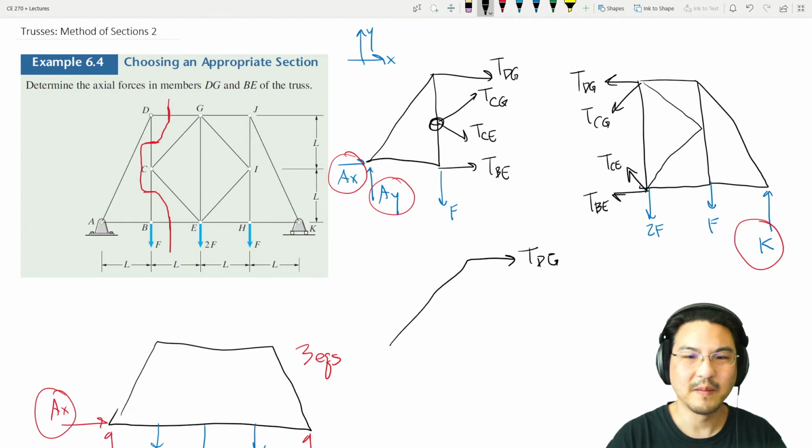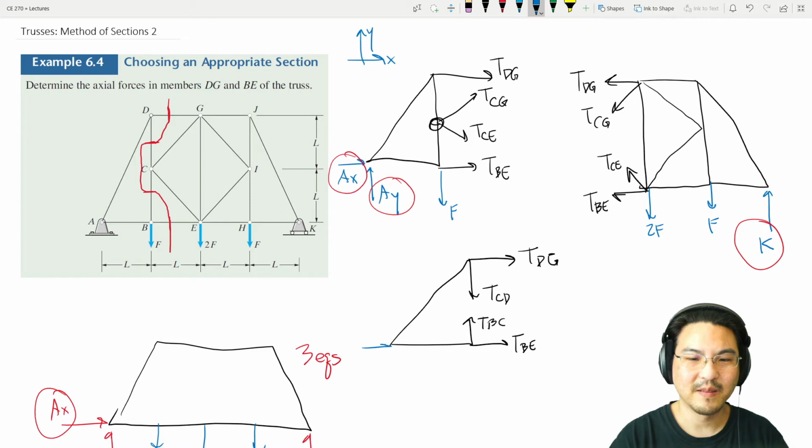And then here, here, here, and then the reactions at A, and then the load here.